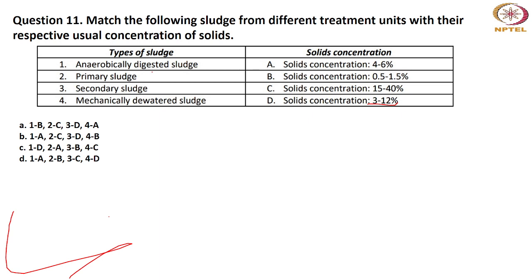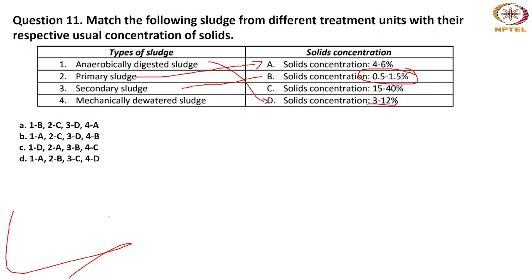And then for the primary sludge, we are getting the solid concentration as 4 to 6%. And then the secondary sludge, the solid concentration is nearly around 0.5 to 1.5%.